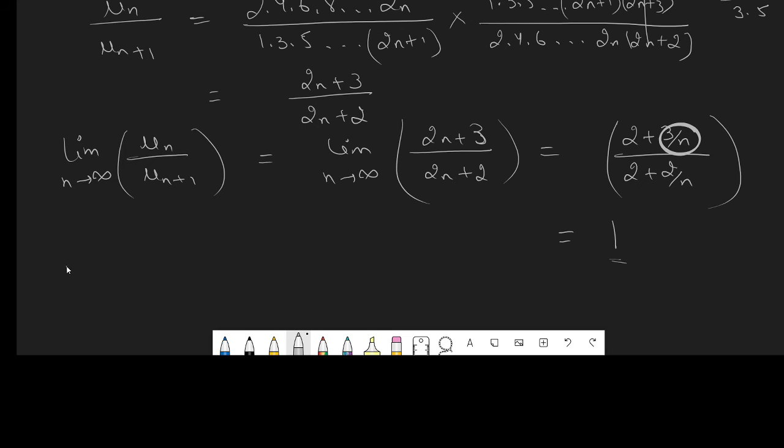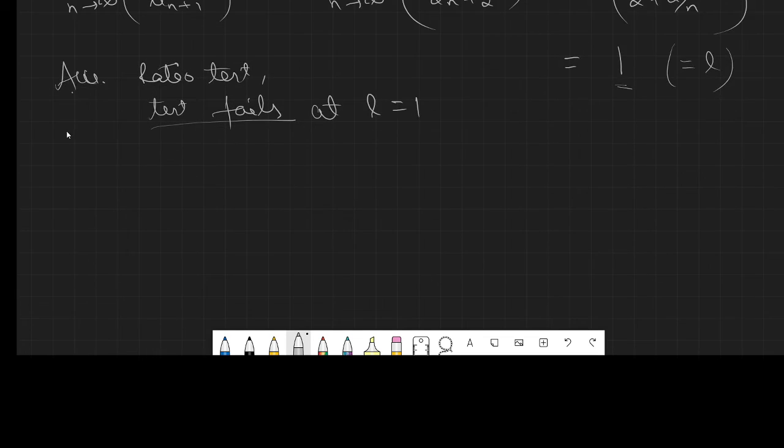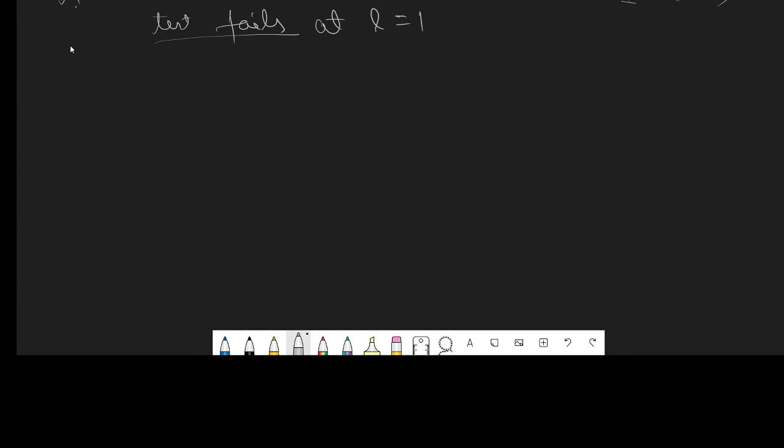According to the ratio test, if this is our L, the test fails at L is equal to 1. Okay, so now we'll apply the Raabe's test.